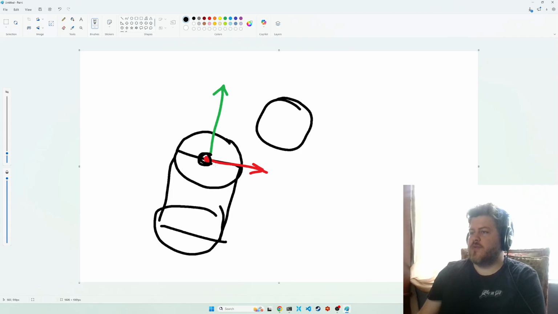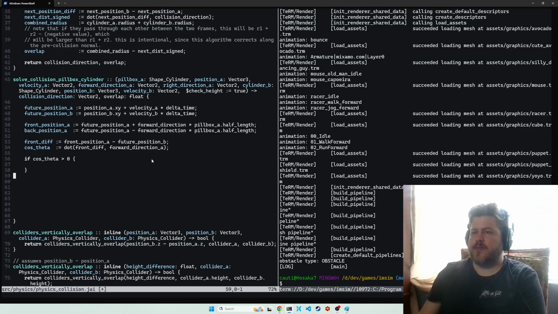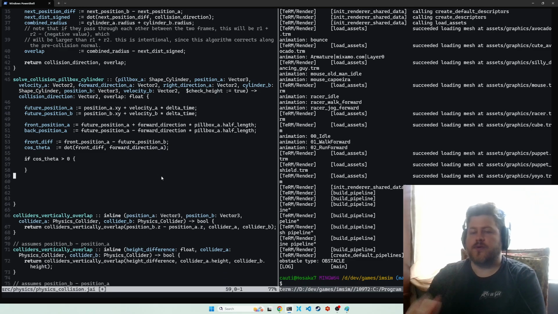I'm asking from this point, I'm going to draw a vector. I'm asking, is there less than 90 degrees between this forward vector and this vector pointing to the other guy? If so, then we should probably be trying to handle the collision with this part of the collider, because that's the thing they're closest to. Okay? So, if cosine theta is greater than 0, we're going to be handling the collision with this part of the collider. That's basically it.